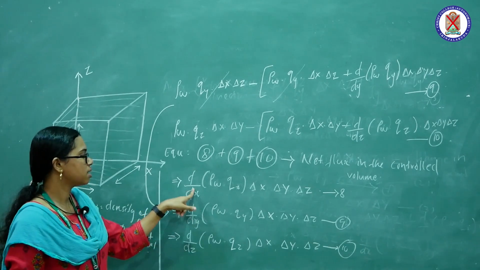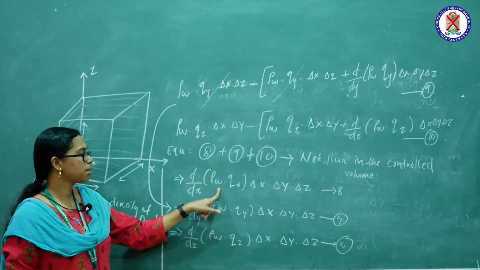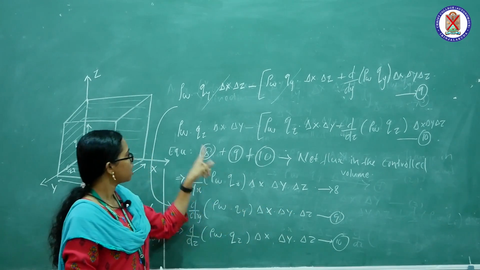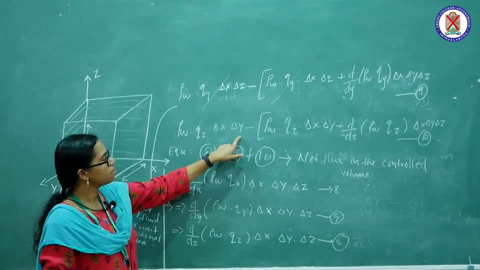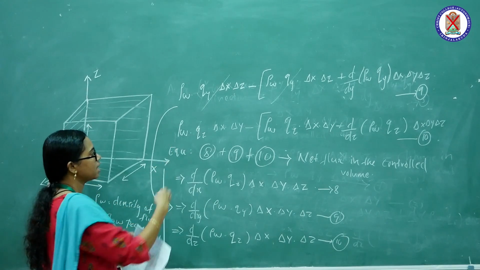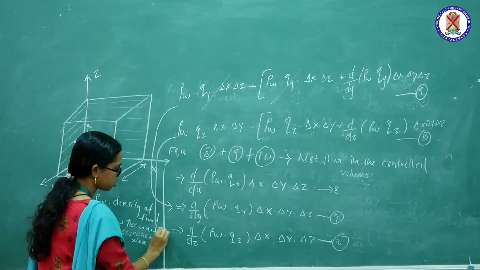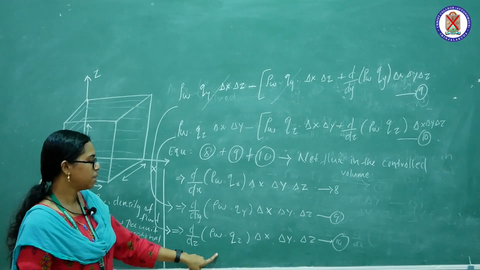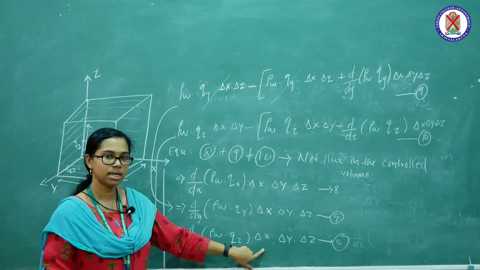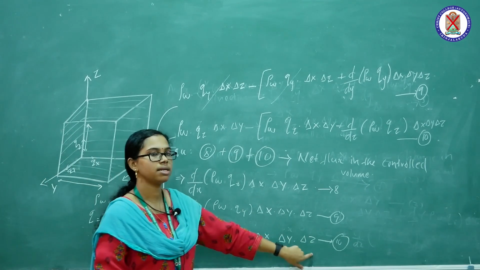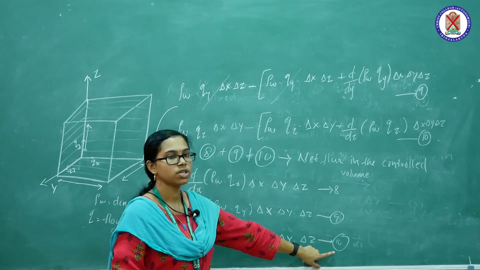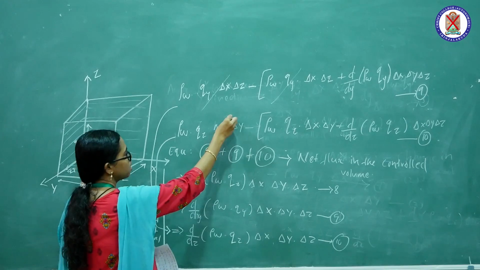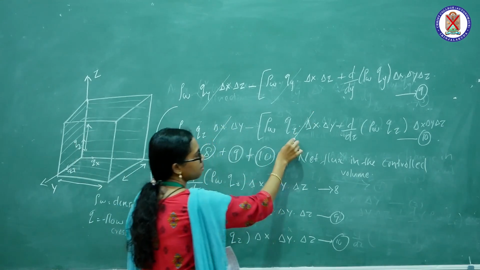In the same manner we get d by dx of rho w into qx into delta x, delta y, delta z, and from equation 10 we get the simplified equation d by dz of rho w into qz into delta x into delta y into delta z, which is simplified from this by cancelling out these two components.